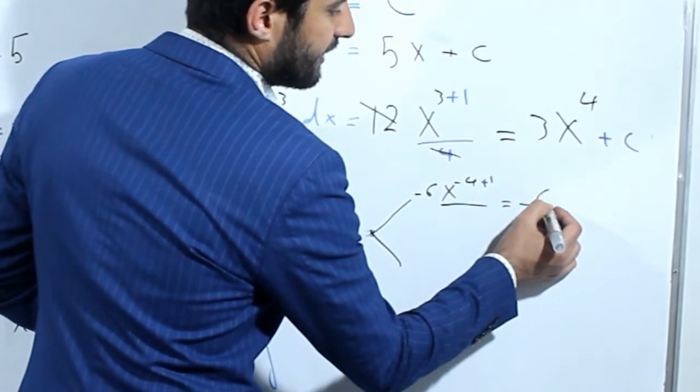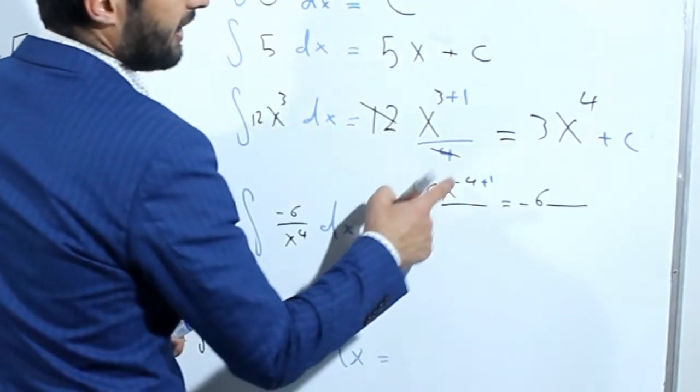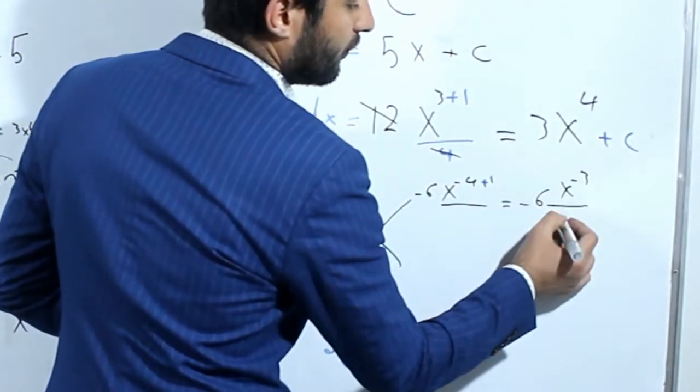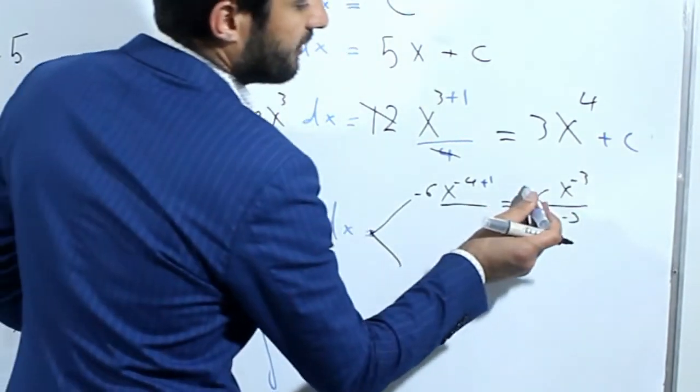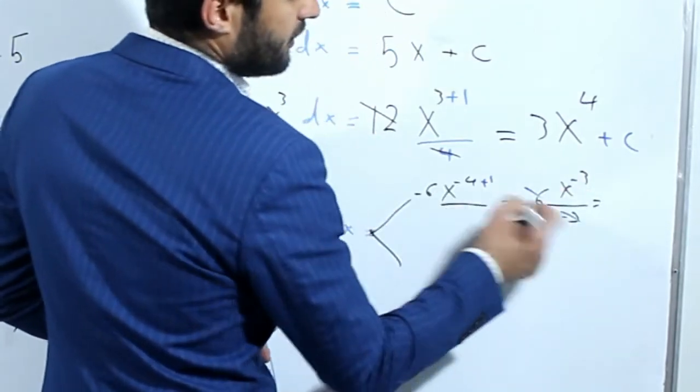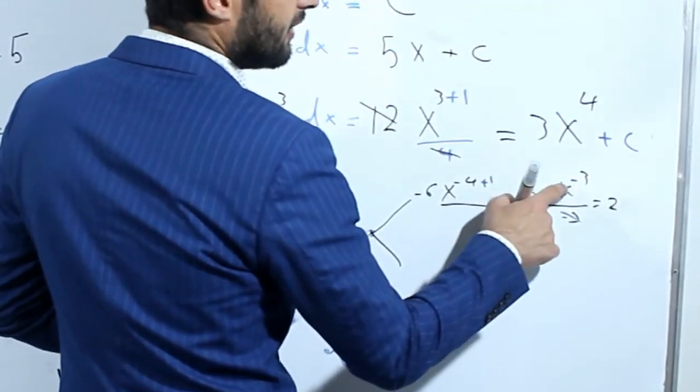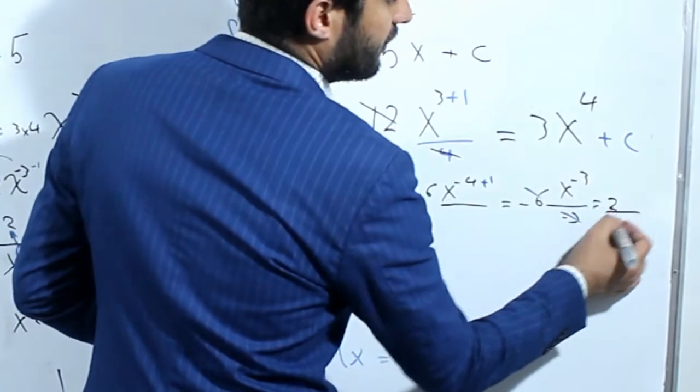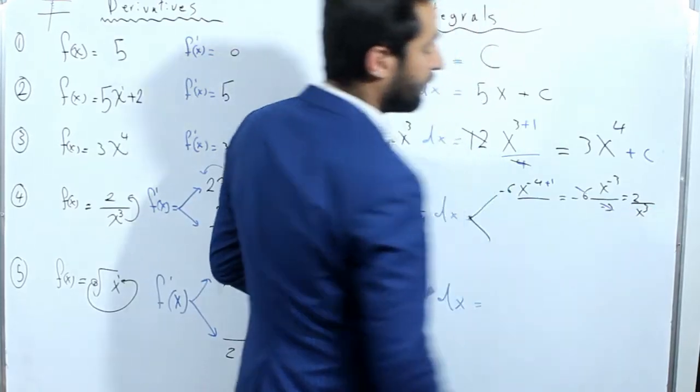So -6 x to the power of -3 over -3. Then simplify this, it becomes 2. Then take this x to the power of 3 to the denominator, it becomes x to the power of 3.